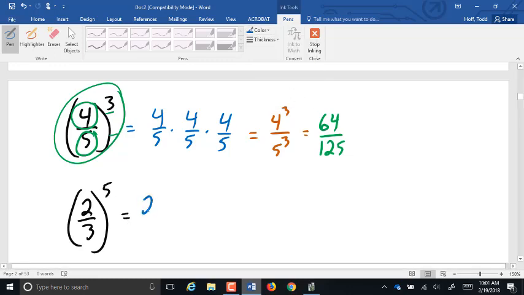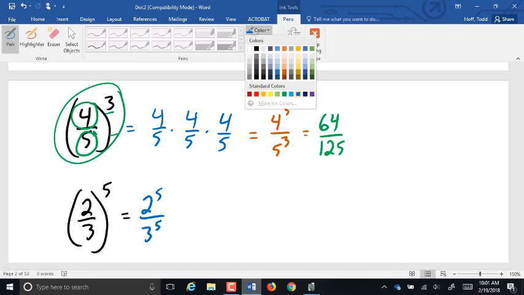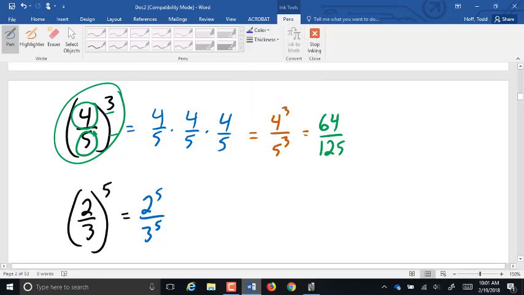That's going to be equivalent to having 2 to the power of 5 over 3 to the power of 5. 2 to the 5th is 32. And 3 to the 5th? 243. 32 over 243.